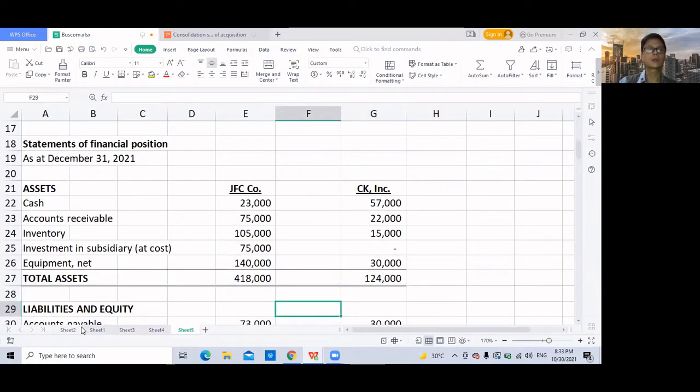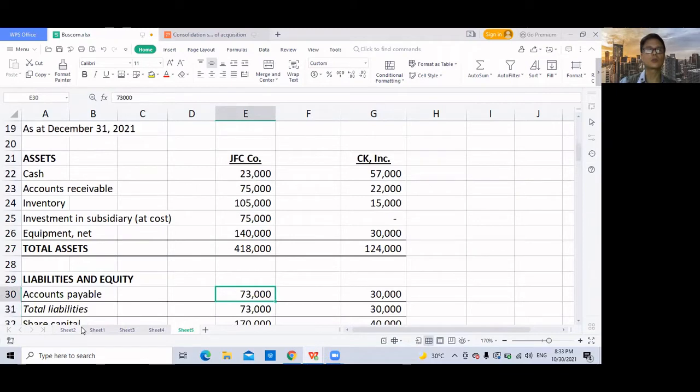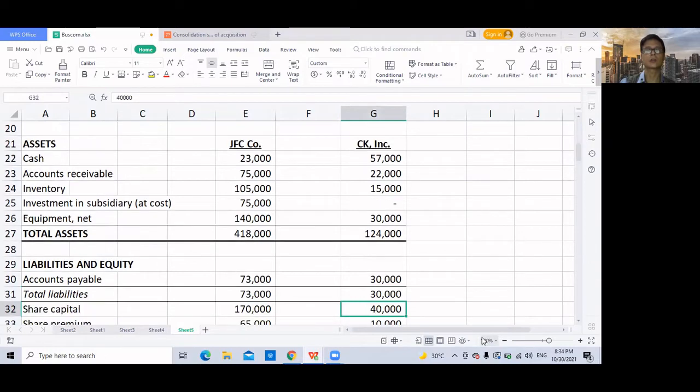Okay, so tapos yung sa liabilities and equity naman niya, they only have one, yung sa accounts payable. For JFC that's 72,000 versus yung kay CK of 30,000. So yung total liabilities yun pa rin, 73 and 30,000. And yung share cap, this is just to simplify yung problem, no?